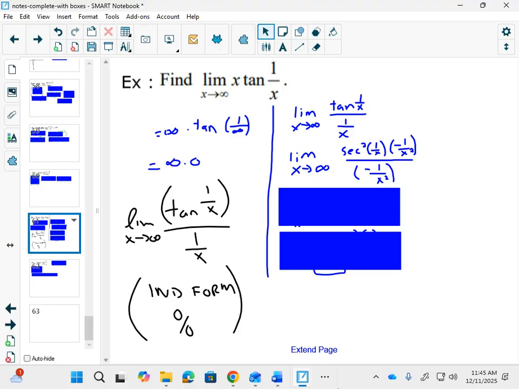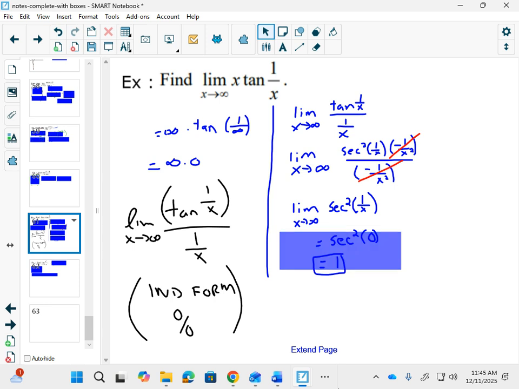Chain rule. And look how nice this is. That cancels out so nicely. Well, as x goes to infinity, 1 over x goes to 0, and secant squared of 0 is equal to 1.